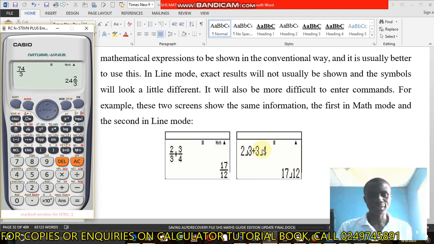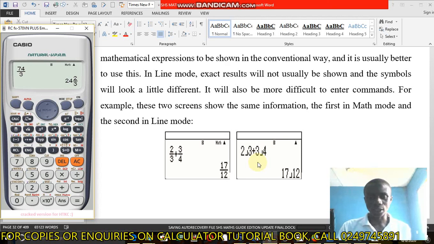In this line mode, all your entries will be in this form. That is in the early version of the scientific calculator, that is the MS calculator. That is why this ES calculator is recommended, the FS 991 ES.